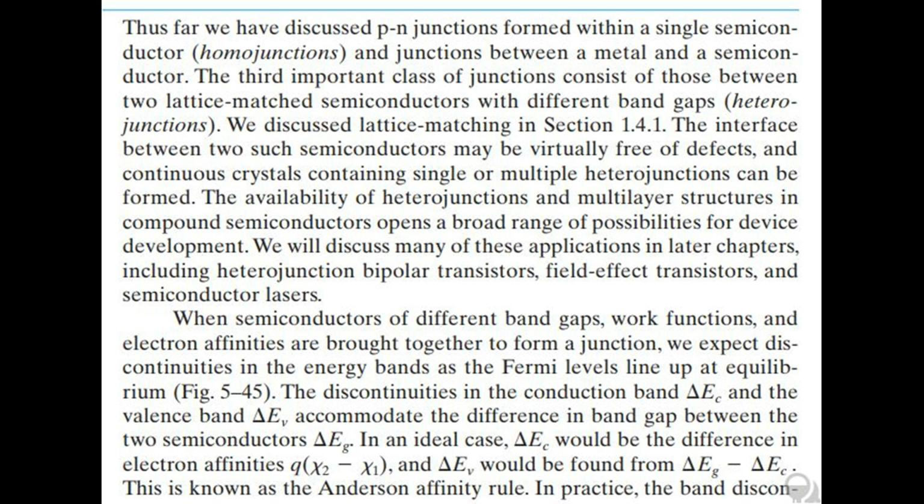Thus far we have discussed p-n junctions formed within a single semiconductor, homojunctions, and junctions between a metal and a semiconductor. The third important class of junctions consists of those between two lattice-matched semiconductors with different band gaps, heterojunctions. We discussed lattice matching in section 1.4.1.